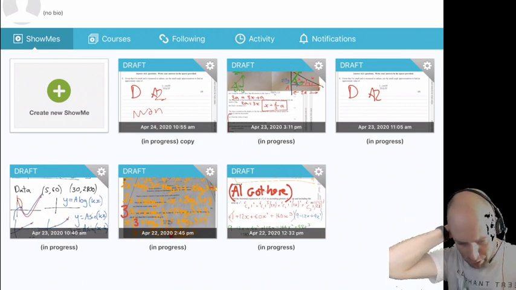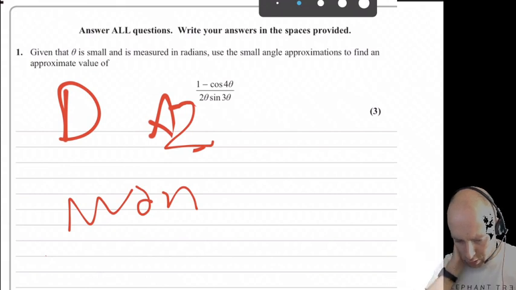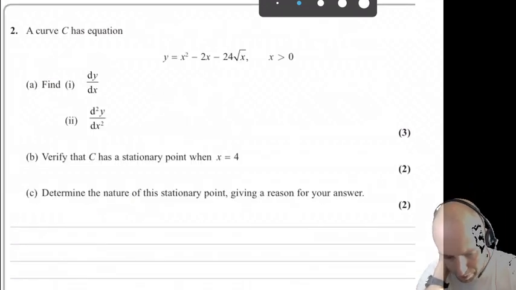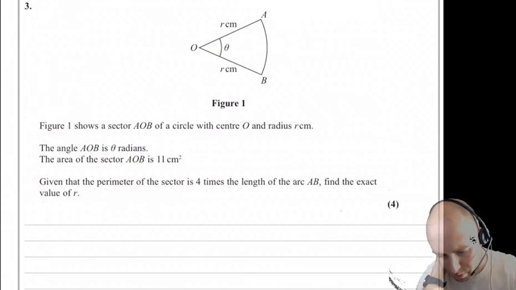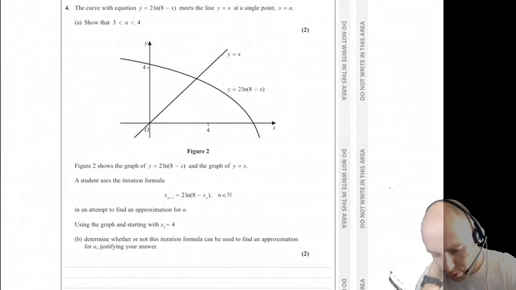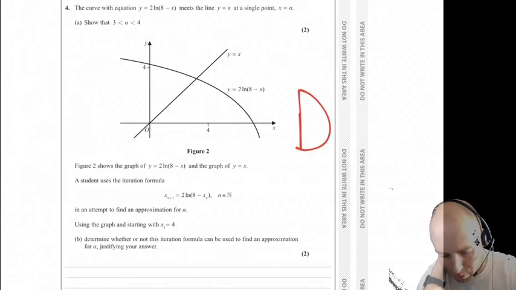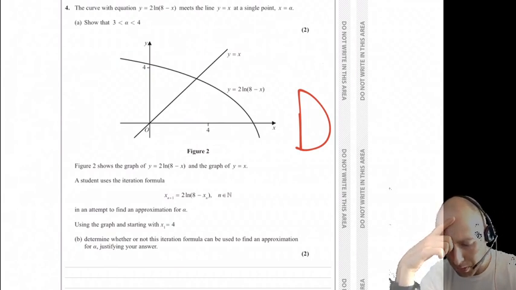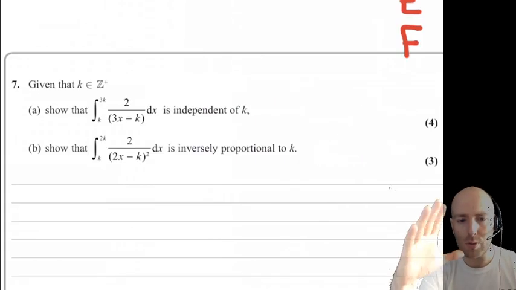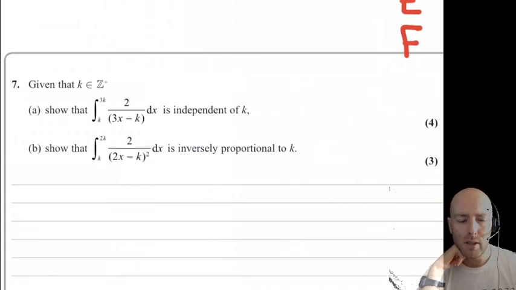I'm just trying to work out where we actually got to last lecture. I don't think we finished the past paper, but I could be incorrect. Ah, here we go. Did we do this question, or is this just where we stopped?